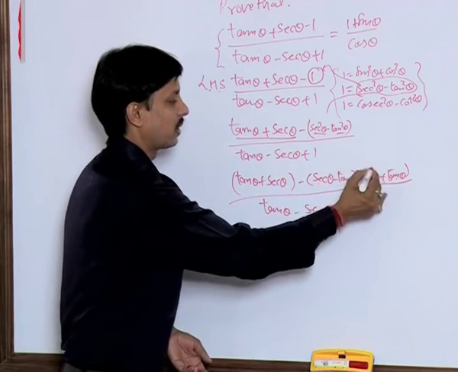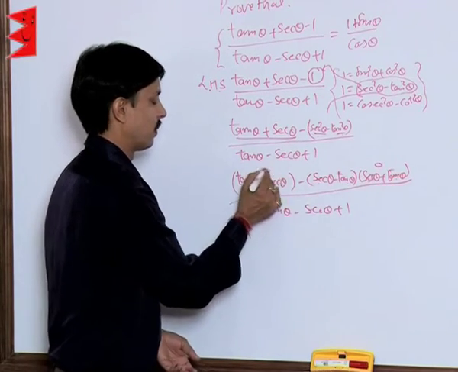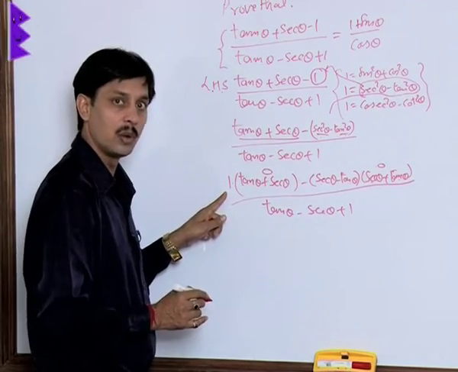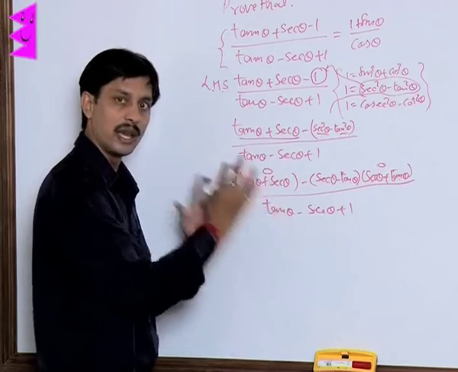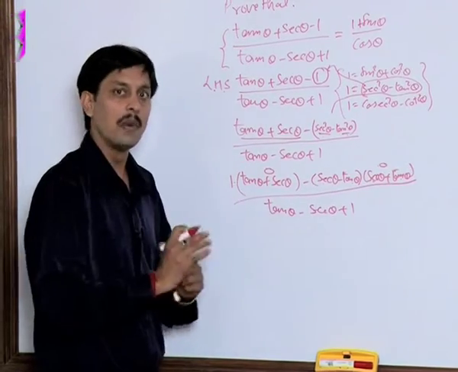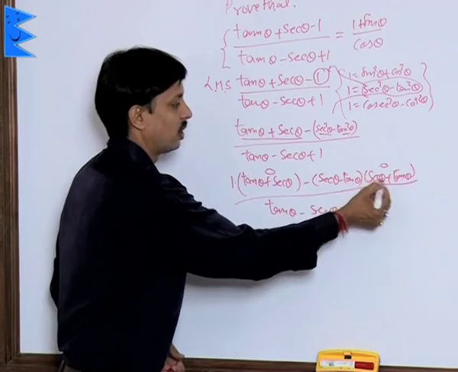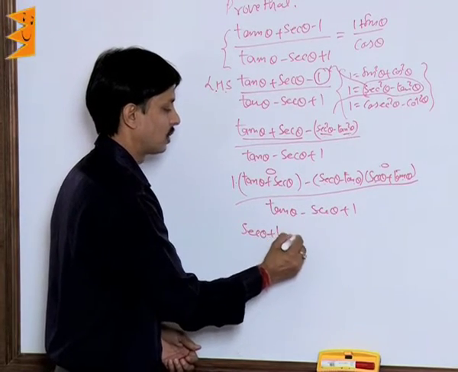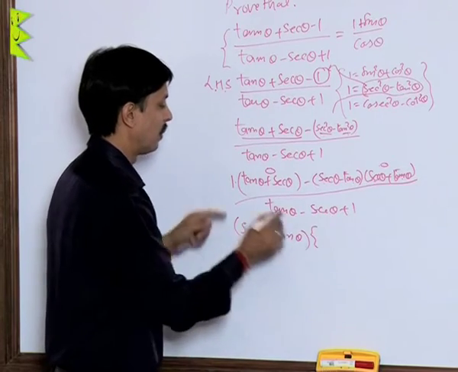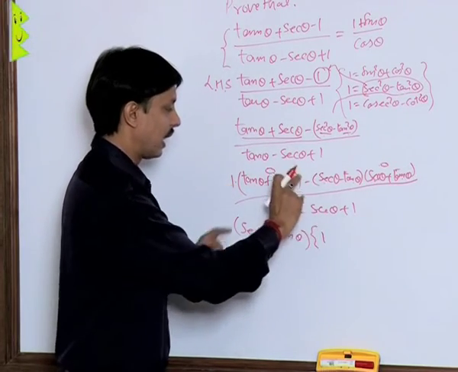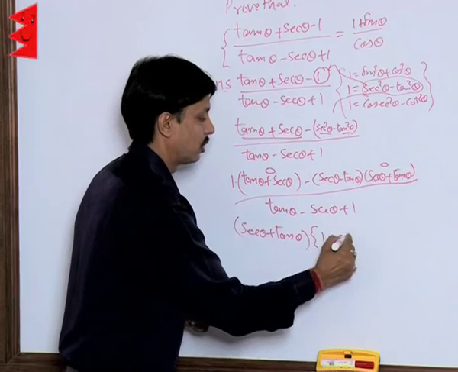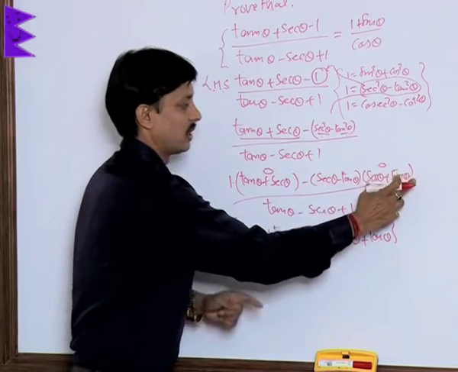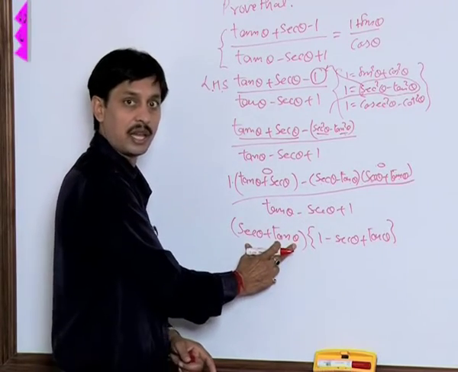If we take sec theta plus tan theta common in the numerator, this is 1, because any product, any bracket, has 1 as the multiplicative identity, so sec theta plus tan theta is common. Sec theta plus tan theta, we are left with what? 1 from this, and minus sec theta and plus tan theta here, because sec theta plus tan theta has been taken as common.